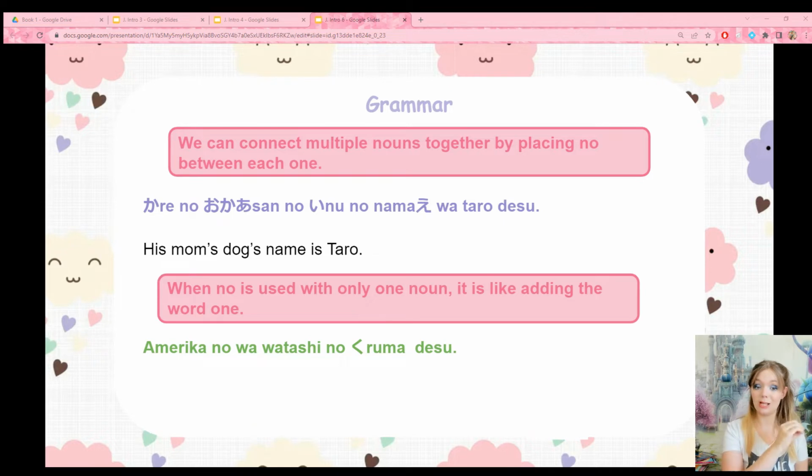And then we have watashi no kuruma desu. Watashi no is my. Kuruma, do you remember? This was from your vocabulary list. It means car. So this means the American one is my car. My car is the American one.